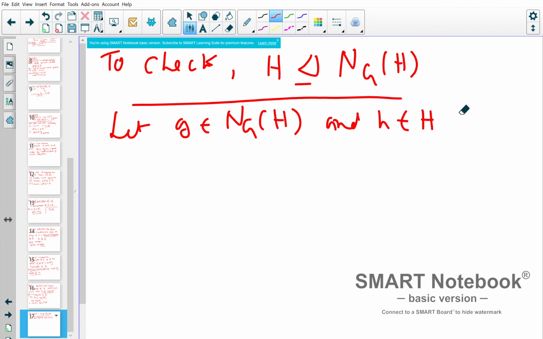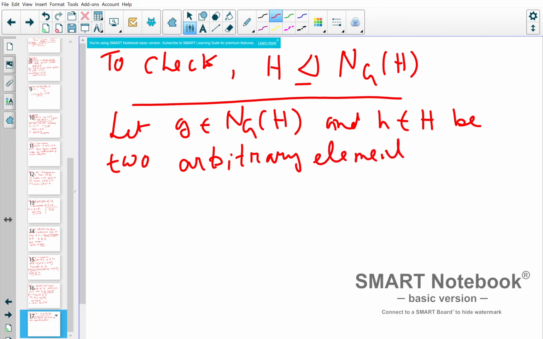Now I need to check that g h g inverse is an element of H. But by definition, g h g inverse belongs to H, because this is the definition of the normalizer.